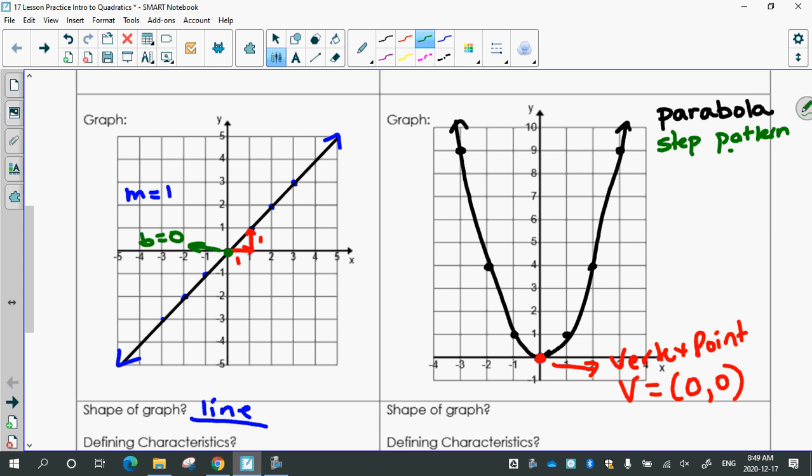So starting at the vertex, do you see that to get from the vertex to the next point that fits on a corner, I go over 1 and up 1? And I do that on both sides because it's symmetric. So my step pattern is over 1, up 1.